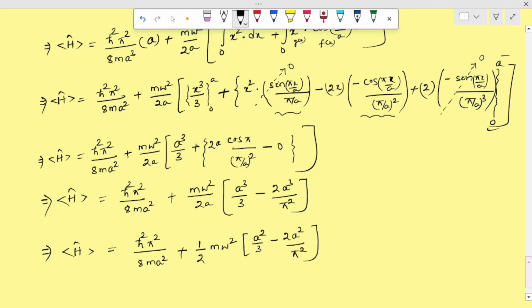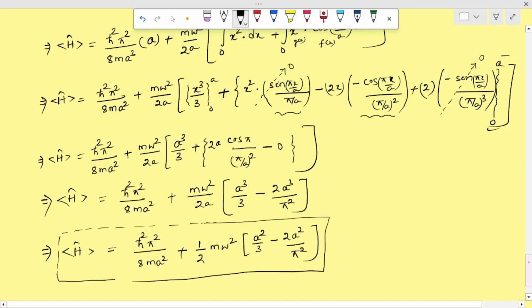So finally we found this is the expectation value of the Hamiltonian by considering the normalized wave function, where a is the parameter.